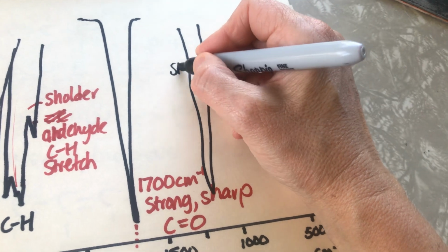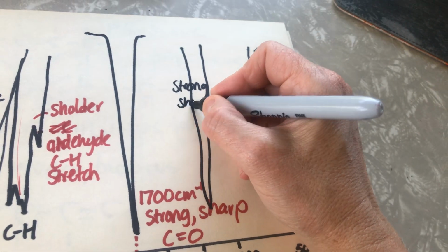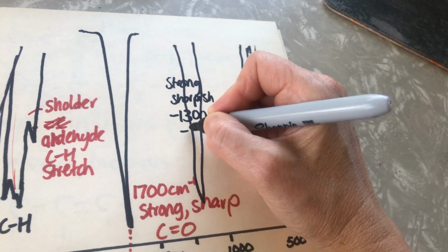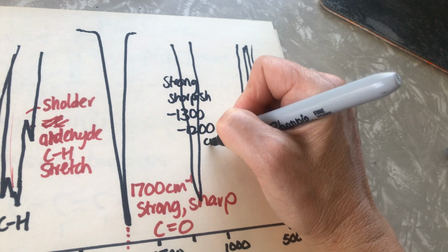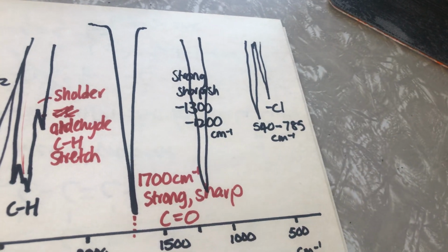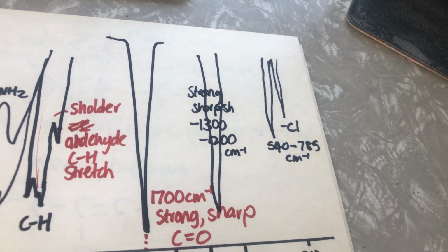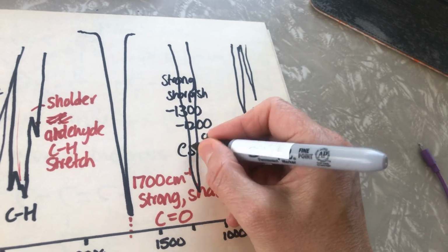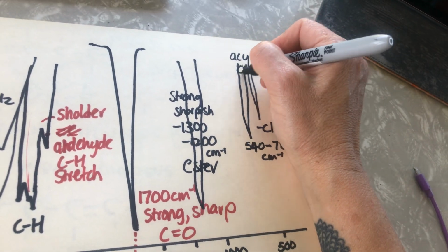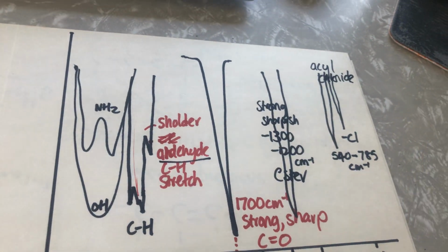If we've got a strong peak at around 1300 to 1200, and we've got this carbonyl peak here, then we're looking at an ester. Let me write ester in here. So ester, acyl chloride. This is our aldehyde in here.